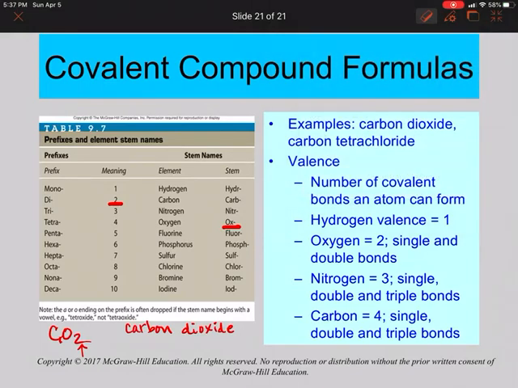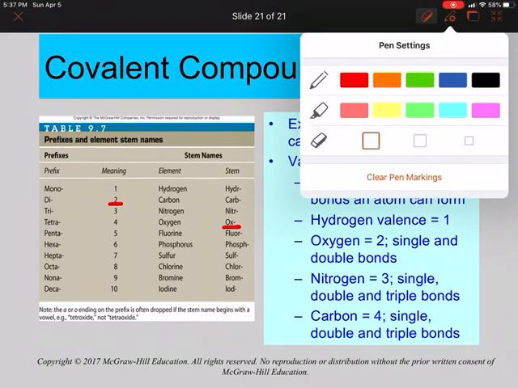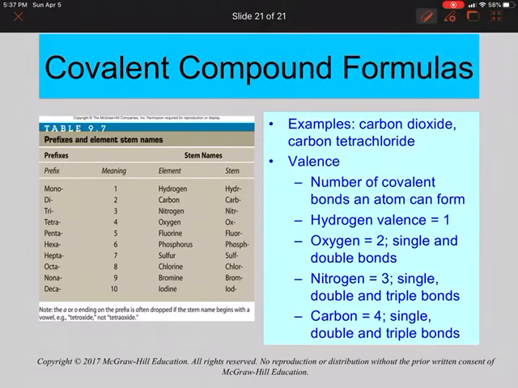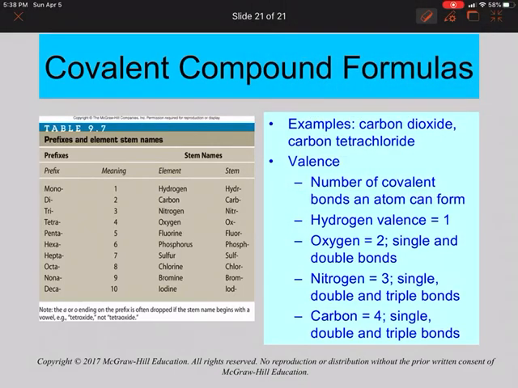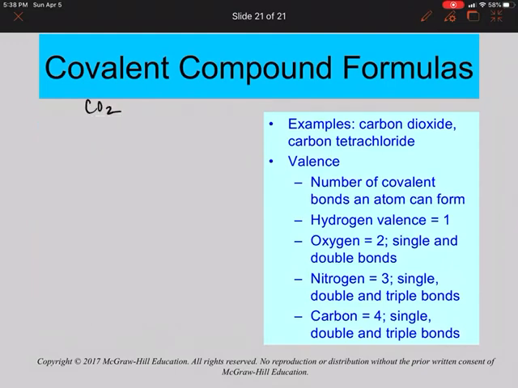All right, so let me show you another one really quick. Because if it starts with anything besides just one, like carbon dioxide, I'm going to write that up here so that you know what I'm saying.